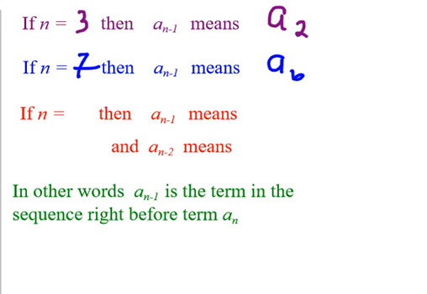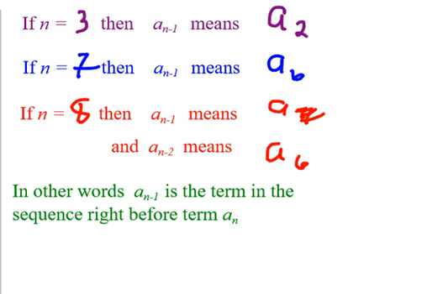If n is, let's say, 8, then a sub n minus 1 would be a sub 7, and a sub n minus 2, well, that would be a of 8 minus 2, which would be a sub 6.